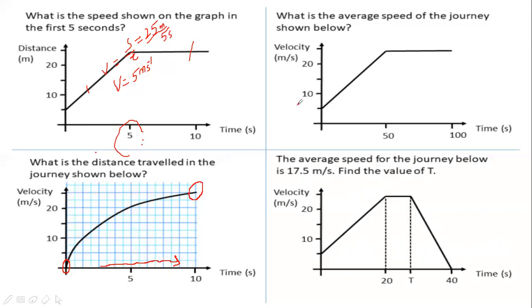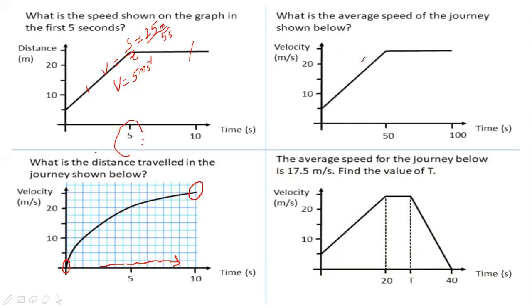What is the average speed of the journey shown below? In this case, you take the initial speed, which is 5, and the final, which is 25. So 5 plus 25 is equal to 30, divided by 2, so it's 15 meter per second.